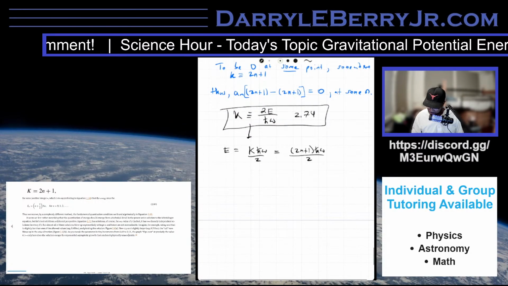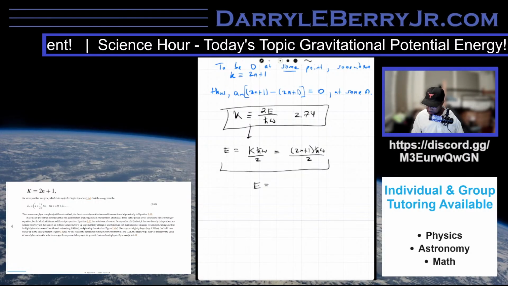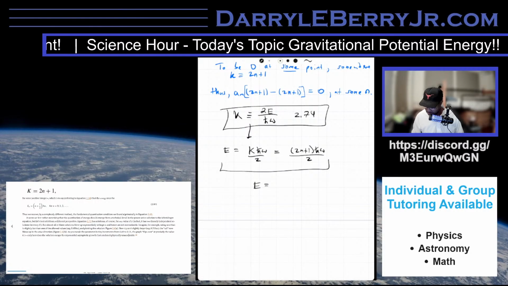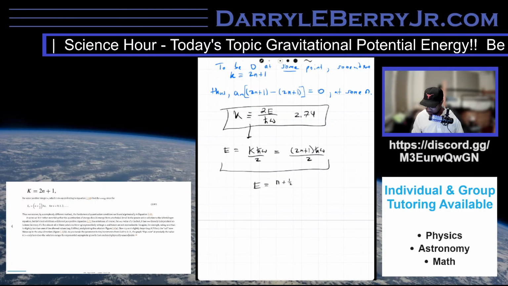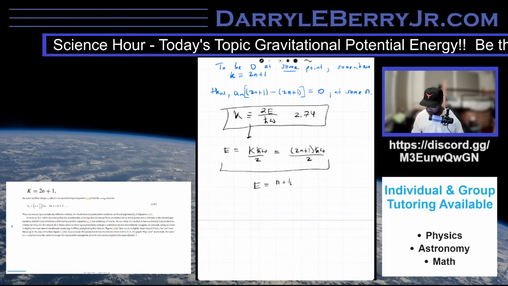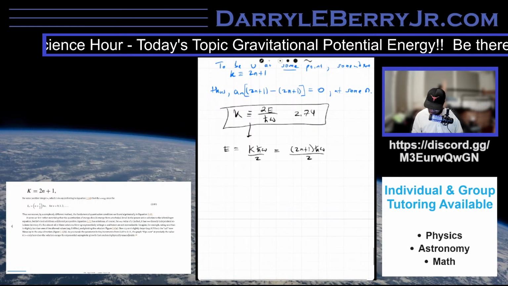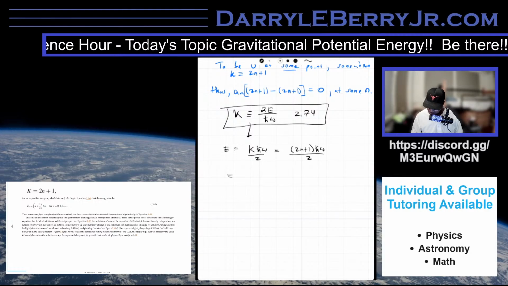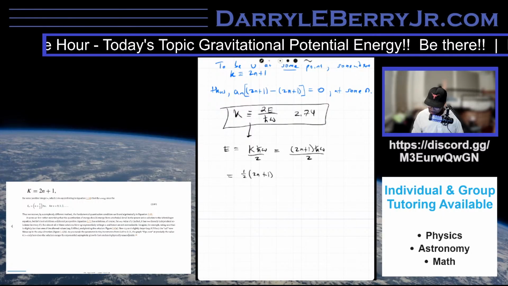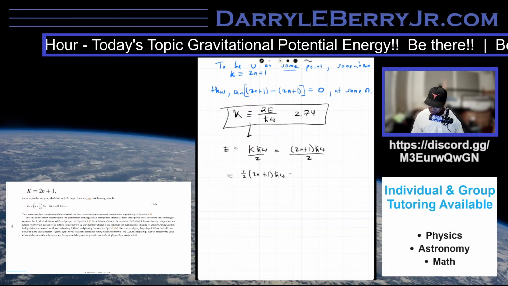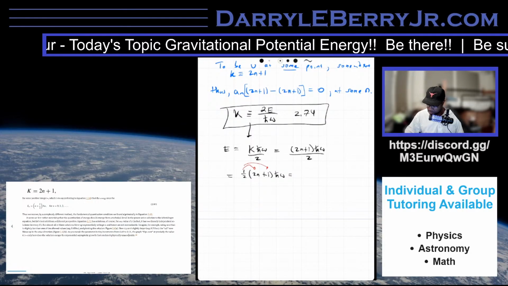You divided that in. So E equals n plus 1 half. Let me actually break this up into a few steps. So we have 1 over 2, 2n plus 1 H bar omega, and I'll distribute this in there.